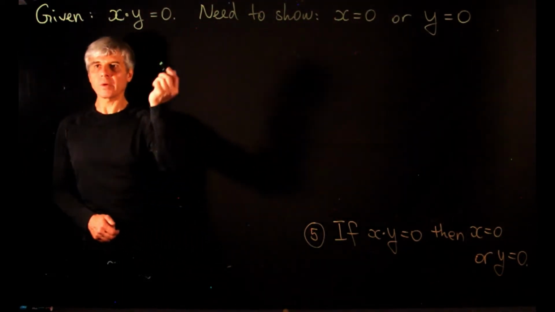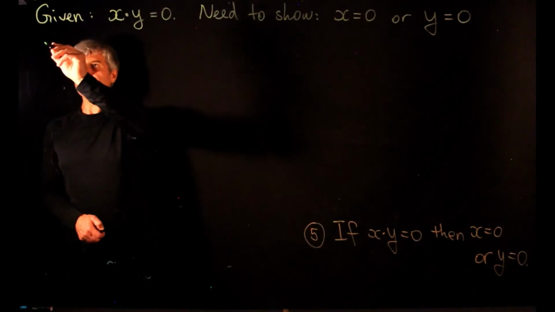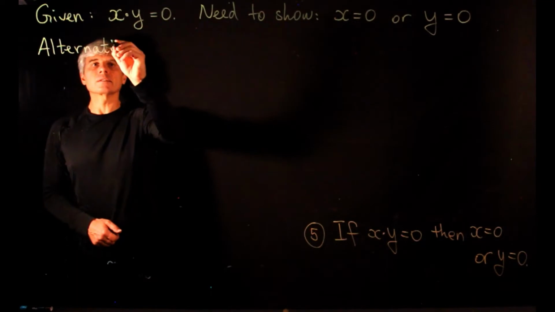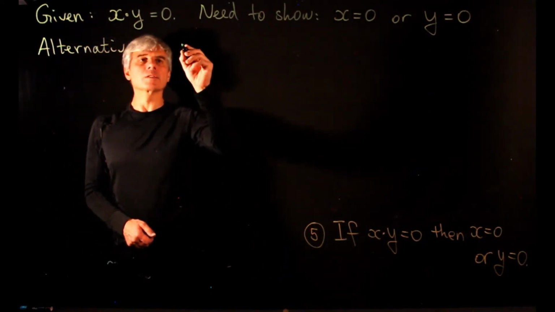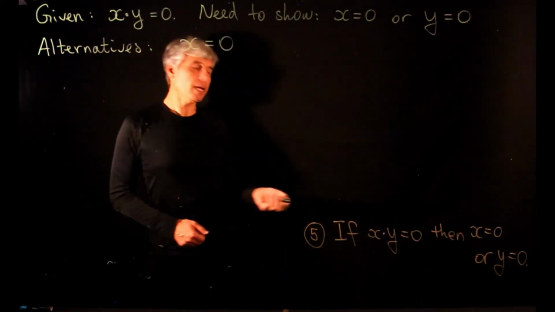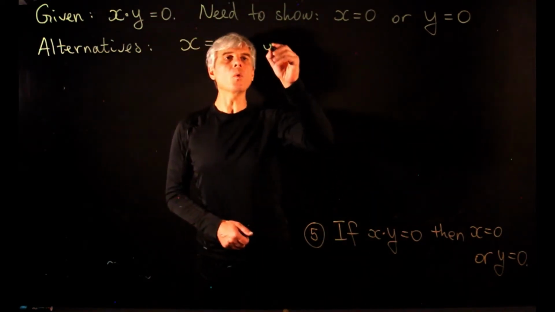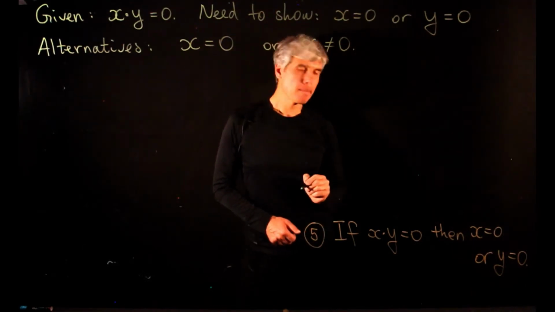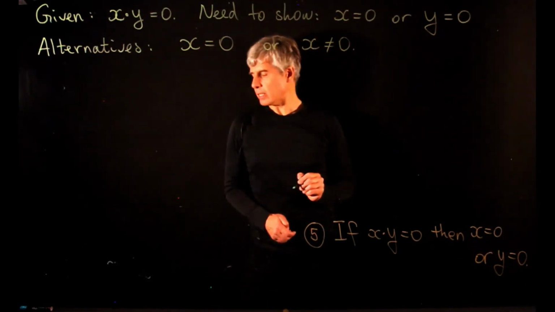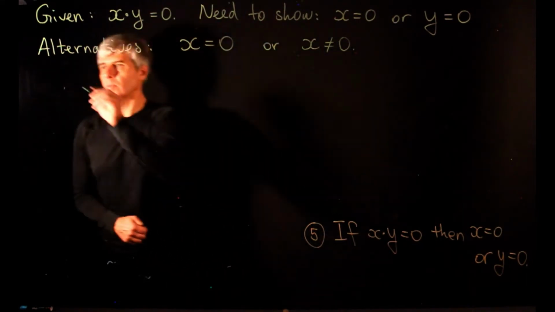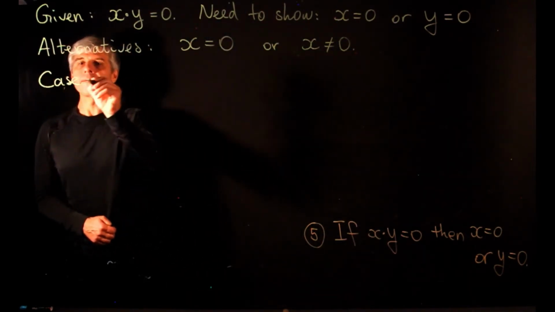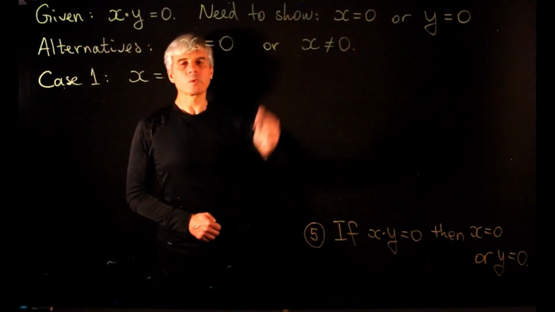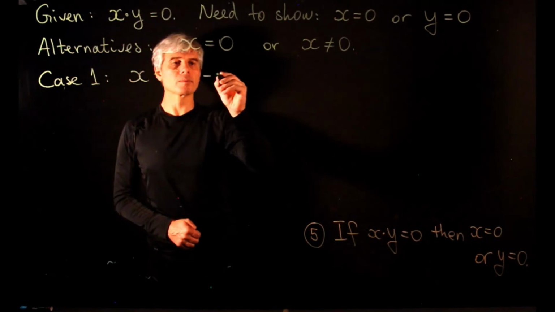We have the following alternatives for x. We could have that x is 0, or we could have that x is not equal to 0. So if x is equal to 0, case 1, x is equal to 0, so we are done. There is nothing to prove.